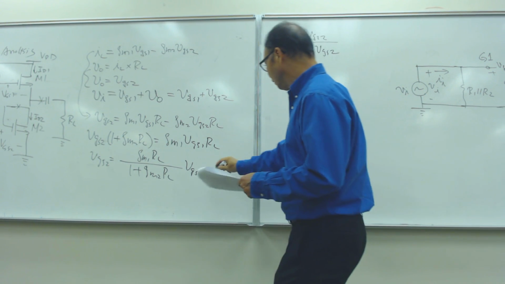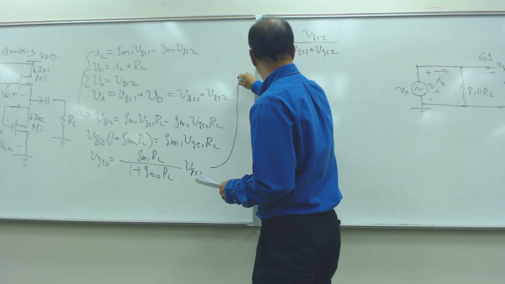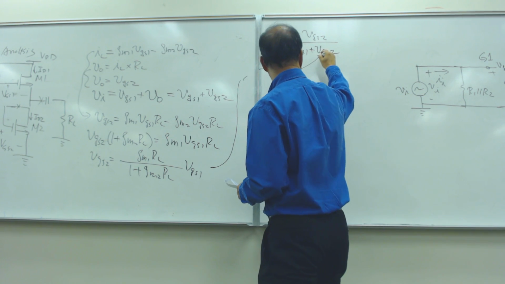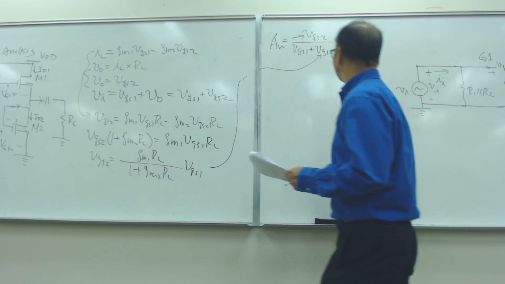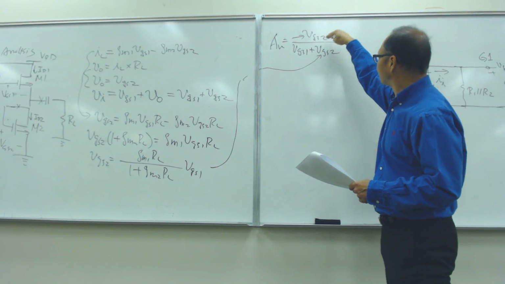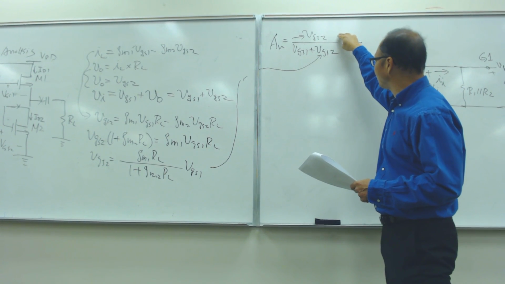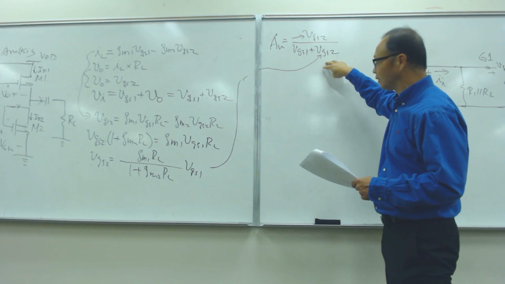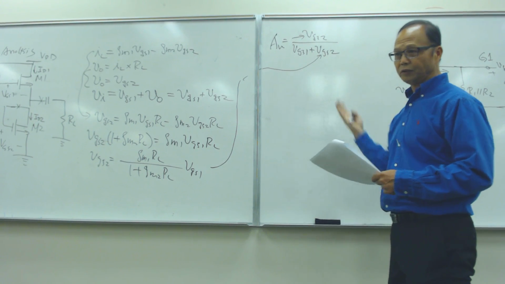Got it? So you put this here to where? To VGS2, correct? Then you would have an expression on the top that's a function of VGS1, and an expression on the bottom that's a function of VGS1. You cancel VGS1.